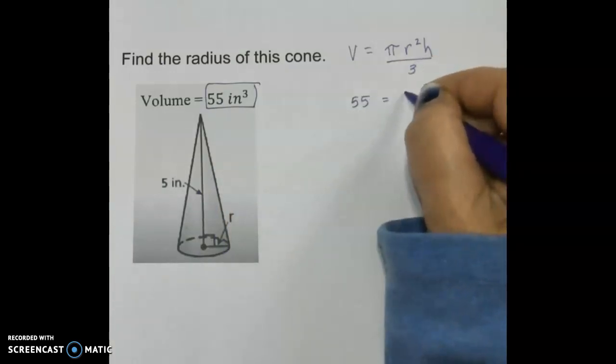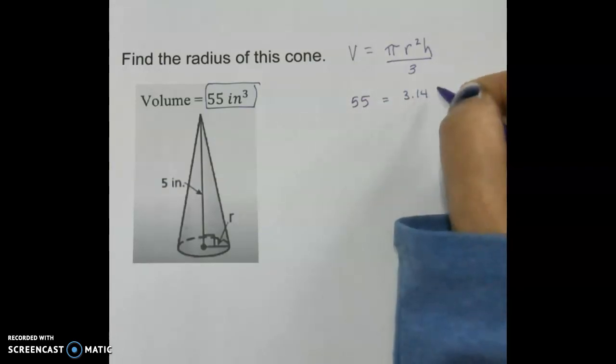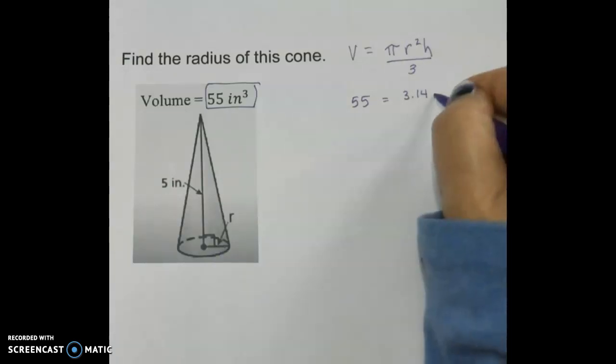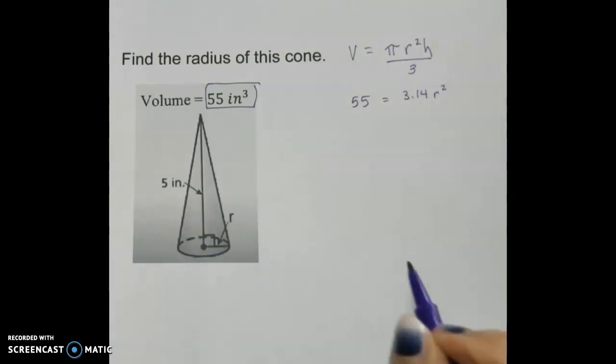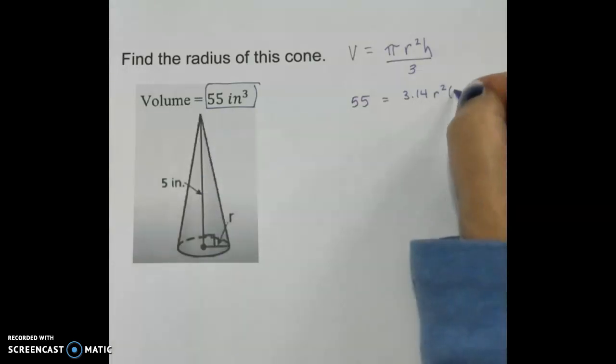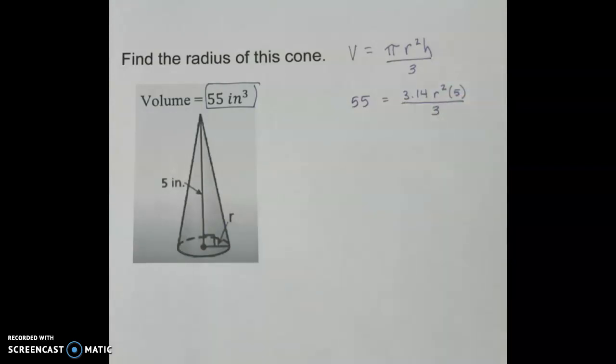We know that pi is approximately 3.14. It looks like we don't know the radius, so I'm going to leave that as r squared. But we do know the height of this cone is 5. And don't forget you're divided by 3.